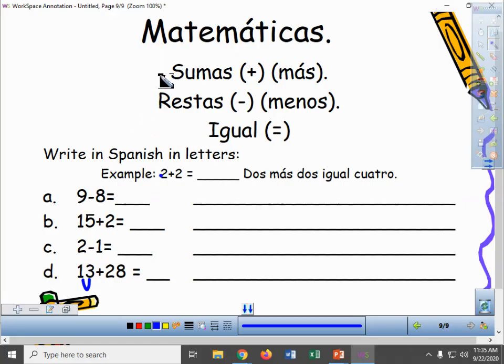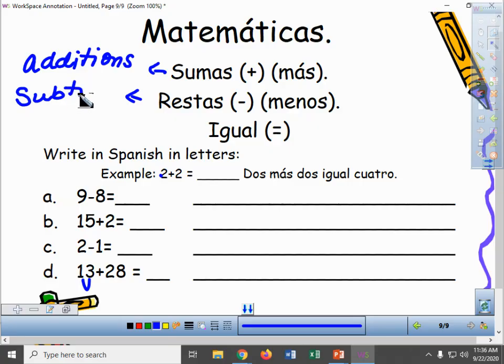So sumas, and I'm sorry that my handwriting is not great on this. Sumas is additions. Additions. Subtractions. Las restas.